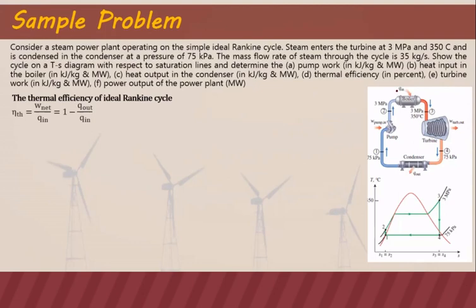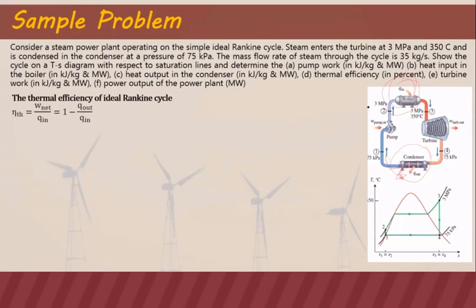Heat input happens in the boiler because this is where you add fuel in the form of coal. So this is our Q in, and our heat output happens in the condenser, wherein you release an enormous amount of energy to cool the steam.